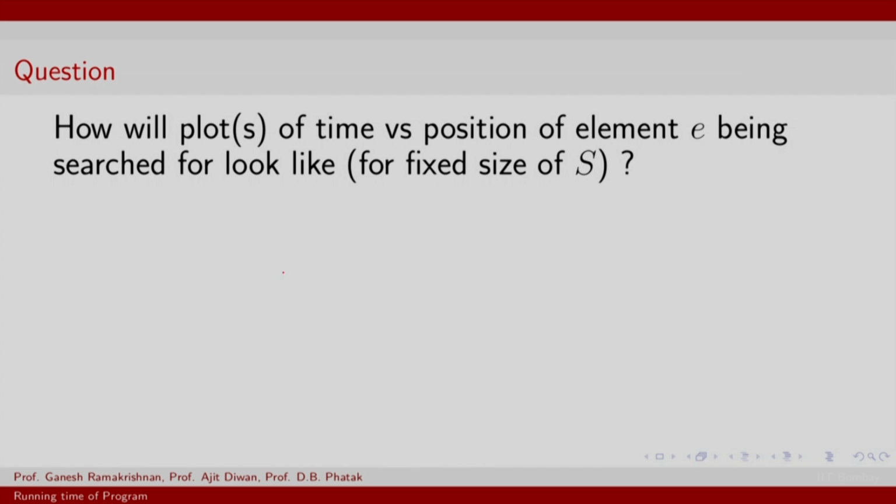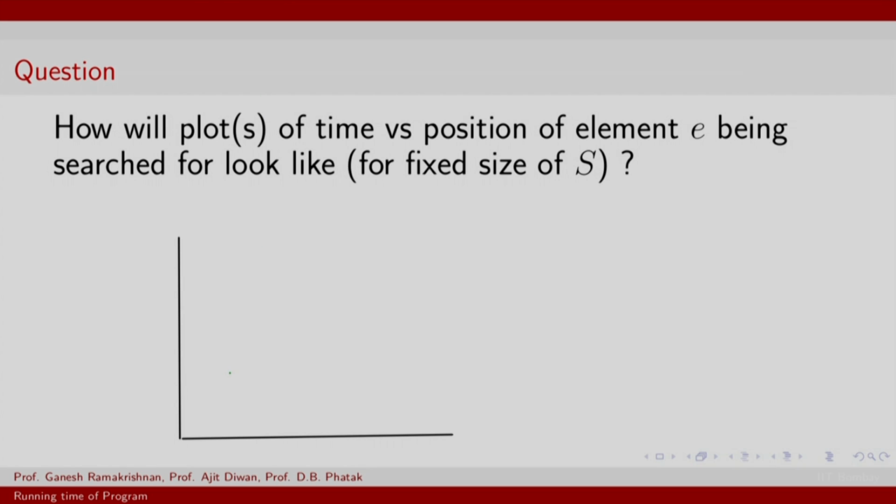You could also plot the time required as a function of the position of the element being searched for, and this you do not expect to be very informative, but let us take a shot nevertheless.